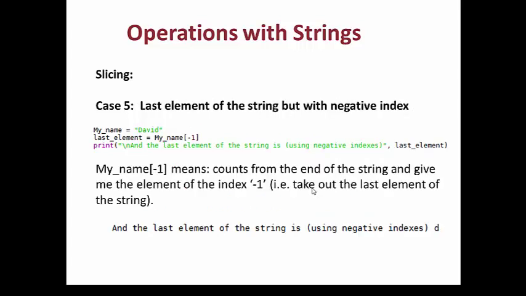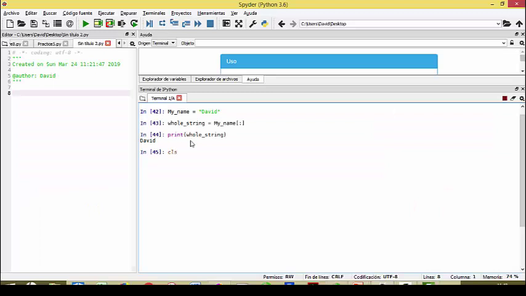Okay, fifth case. The fifth case is when I want the last element of the string, but I'm going to use a negative index. So what does that mean? I'm going to clean that. So I'm going to say my name is going to be David.